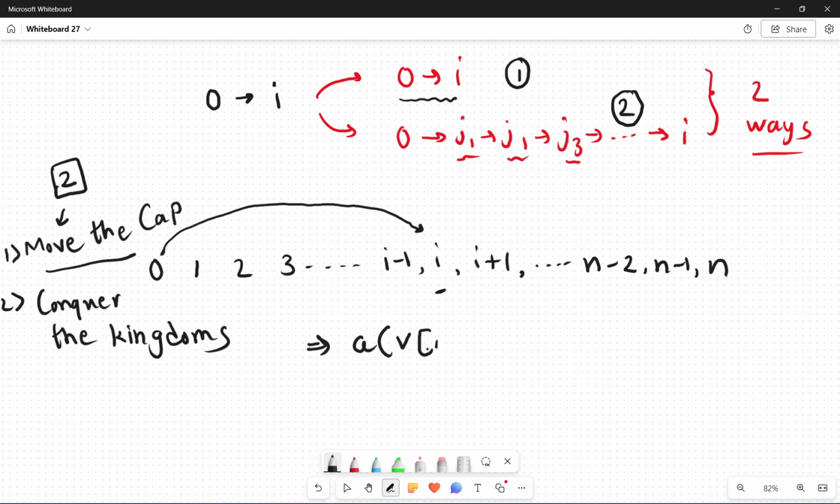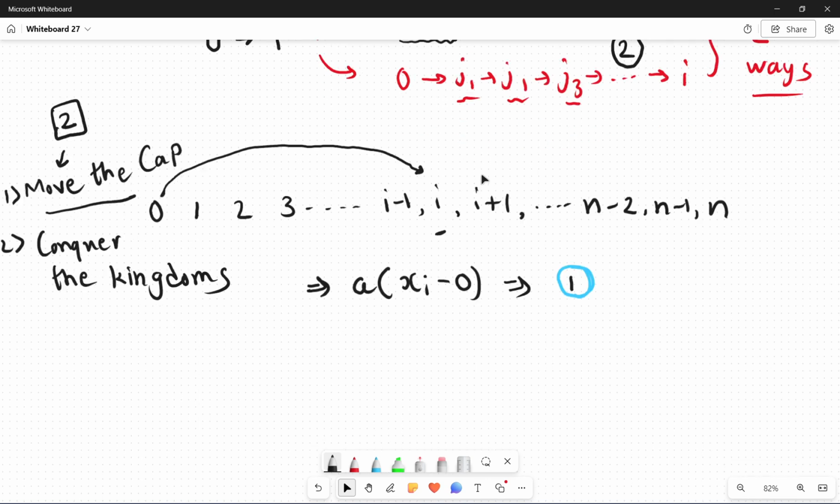Okay, not v of I, basically xi minus 0, right? So this is basically the cost incurred if you go by first step, right? You go by first step. And what about the second one?